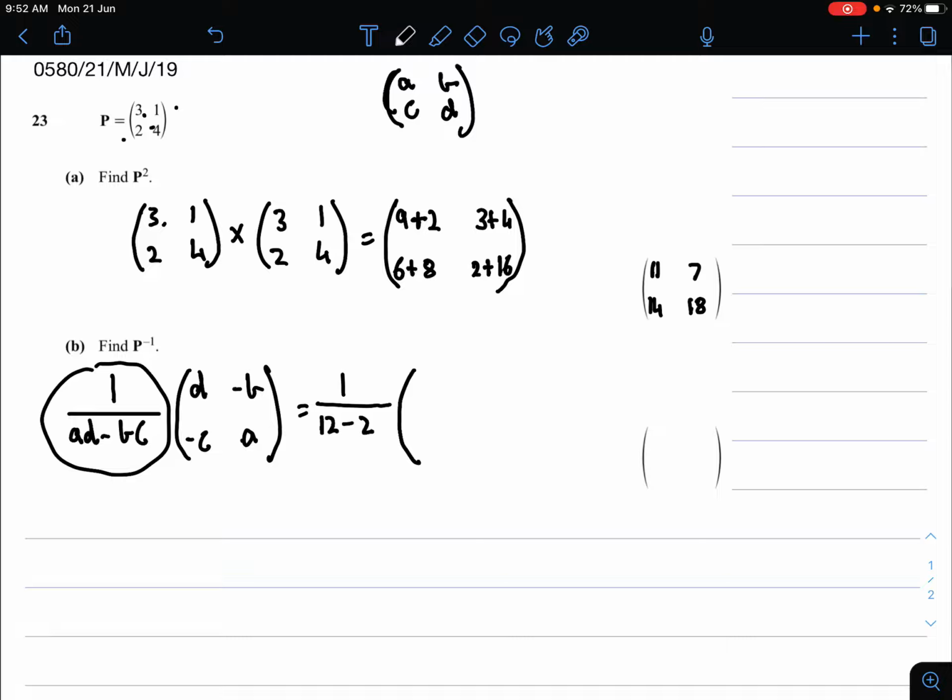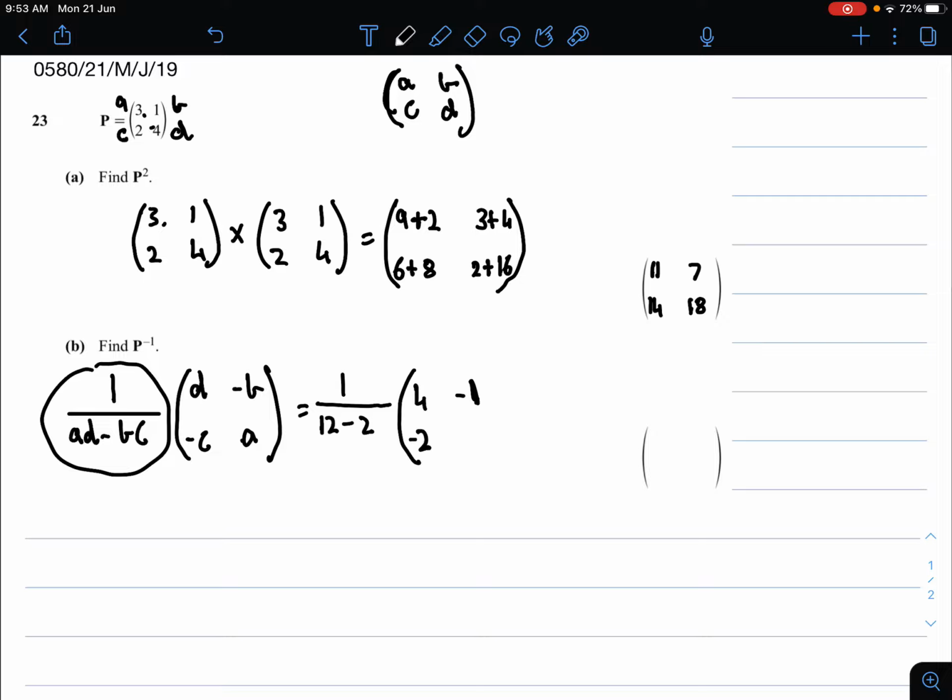With the matrix, if you rewrite the matrix, A is 3, B is 1, C is 2 and D is 4. So we have to write the D value in the top left, so 4 will come up here, minus B, so you just have to multiply the value by minus 1, so minus 1 multiplied by 1 is minus 1, and minus C, so minus 1 multiplied by 2 would be minus 2.